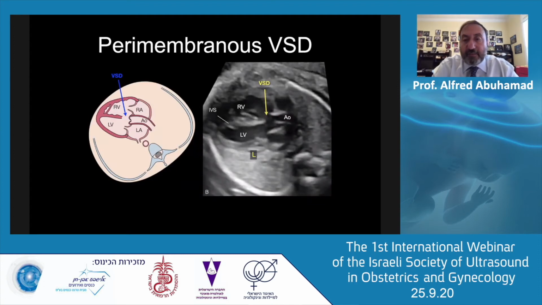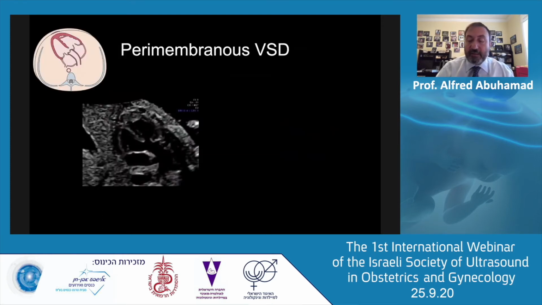Perimembranous ventricular septal defects are noted, as I mentioned earlier, at the 5-chamber view, at the LVOT view. Here you have to make sure you don't have an overriding aorta, so it's not easy when you have a defect that is that large to make sure that the aorta is not overriding over the septum. So you have to look from multiple planes.